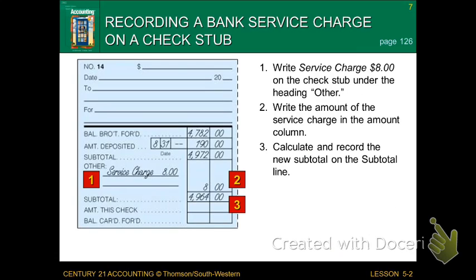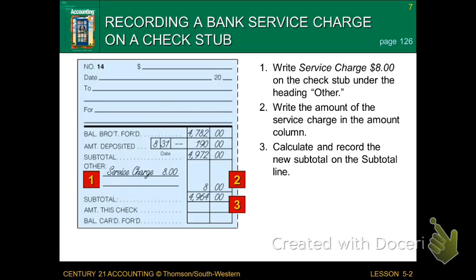So we now have to update our records after we've balanced our checkbook. And to do that, we now have to go to our check stub and update it. If any deposit had been made, we would include that. But also, if any service charges were listed on the reconciliation form, we need to include those service charges on the latest check stub.